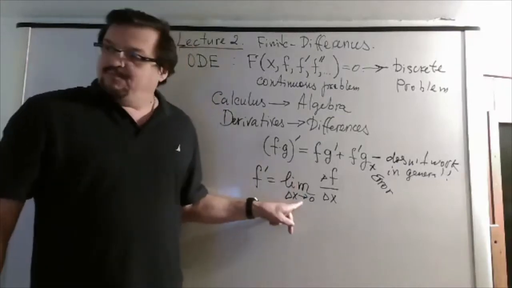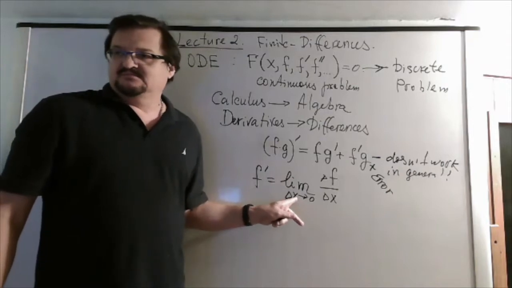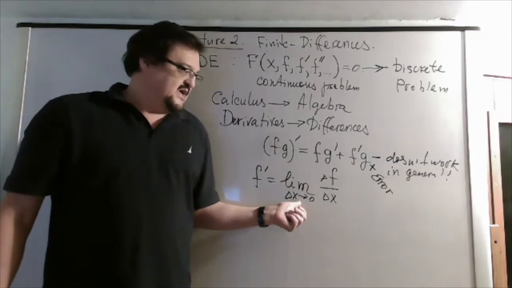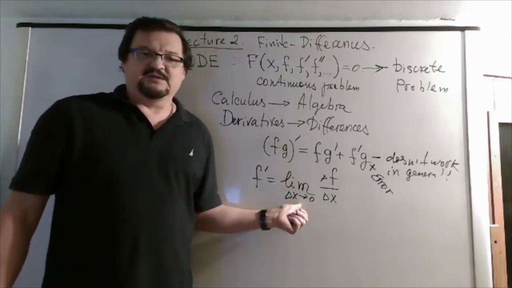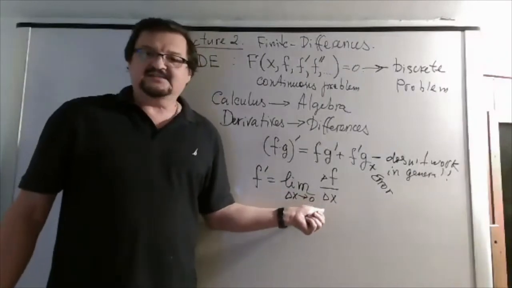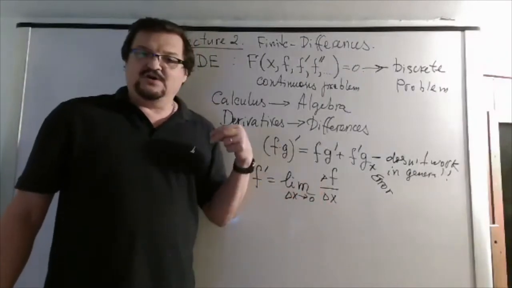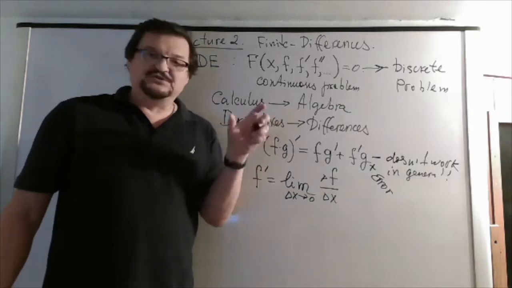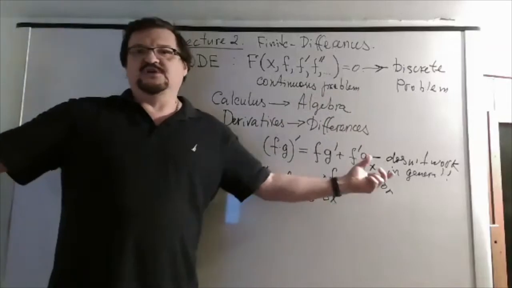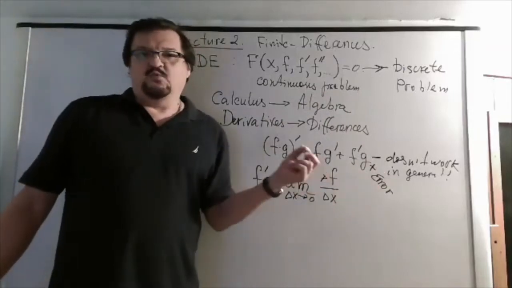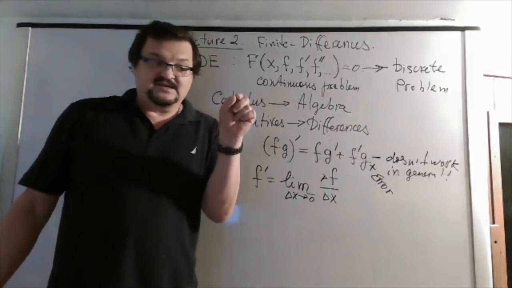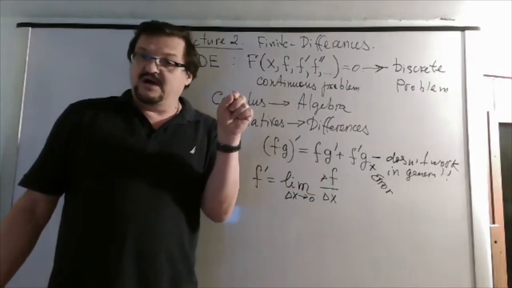But this thing is impossible on a computer. And not because of precision per se. Of course, you can make it a really very small number on a computer. But the problem is, this is your delta x. It can be like your distance in space between two grid points. You cannot cover, say, the region of the United States with a 1 micron difference in grid, so that from one point to another it's 1 micron.